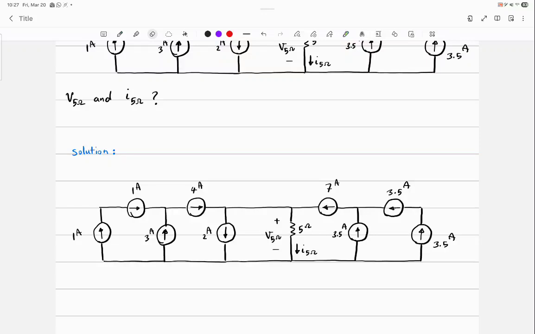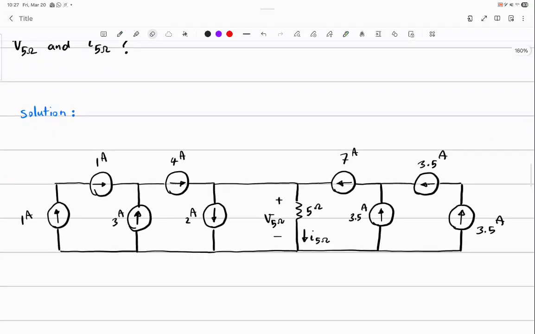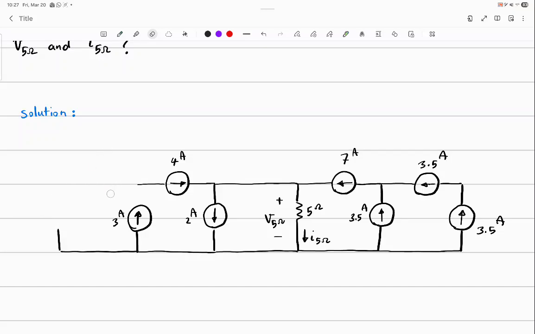Let me ask the next person. What was your name? Chris? Okay. What do you suggest combining here? The two 1 amps? Okay, yeah. What should I do with them? So one current source is enough, right?